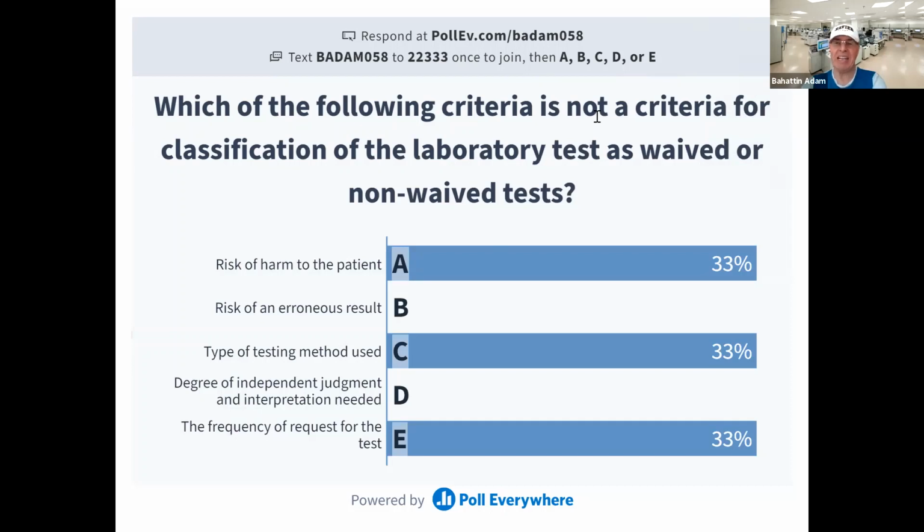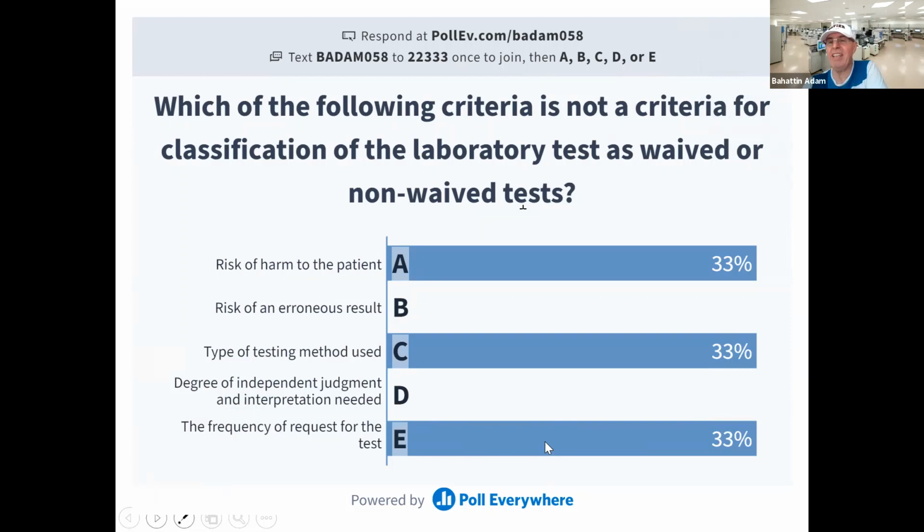Which is not a criteria, okay? Pay attention. It is a tricky question, which is not a criteria for classification. The frequency of requests for the test is not a criteria for that.